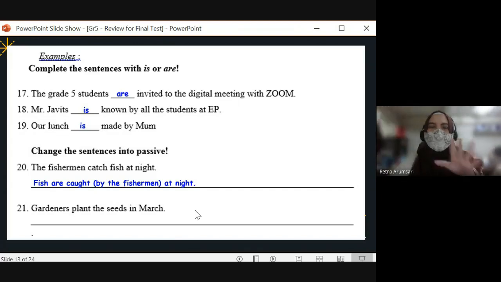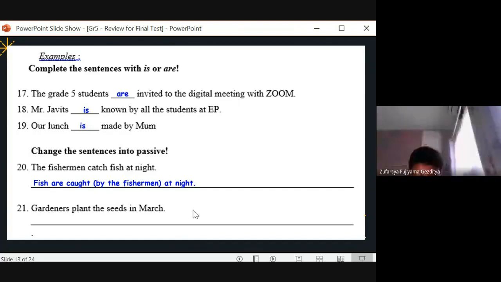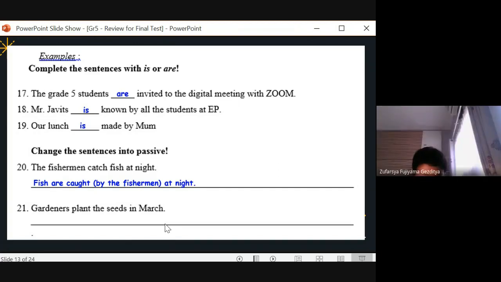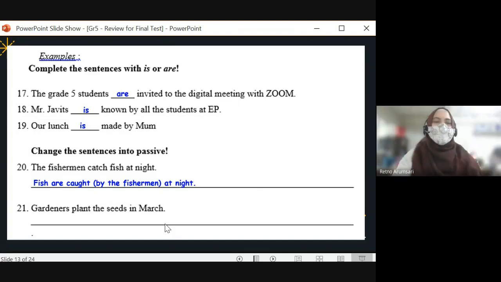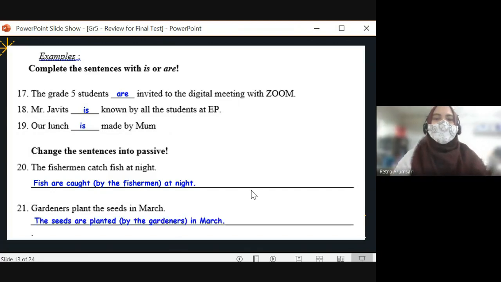And how do you change it into passive? The seeds are planted by the gardeners in March. Well done. Very good. Excellent, Zufarsha. Yes, the seeds are planted by the gardeners in March.